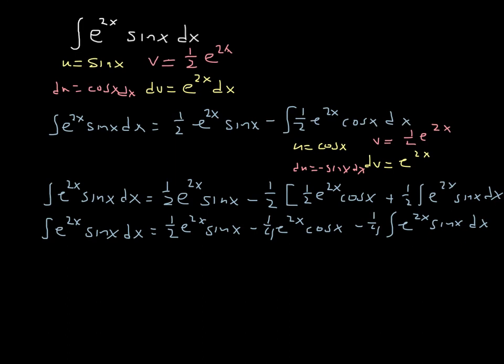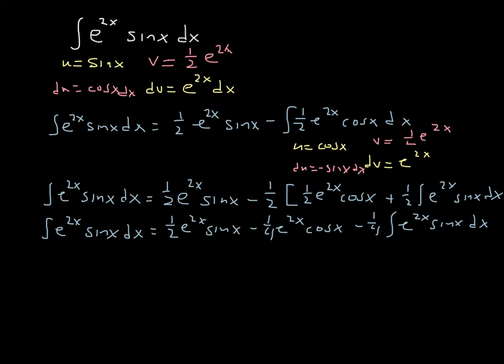Well, there's one other thing that we have though. Please notice what's on the left hand side. It is the integral of e to the 2x sine x dx. And over here I have minus 1/4 times the integral of e to the 2x sine x dx. In essence, these two are like terms, and so I can add this term to both sides.